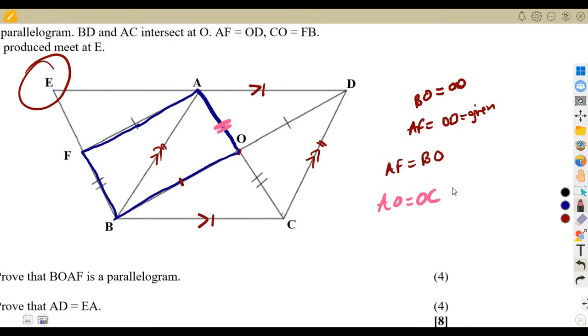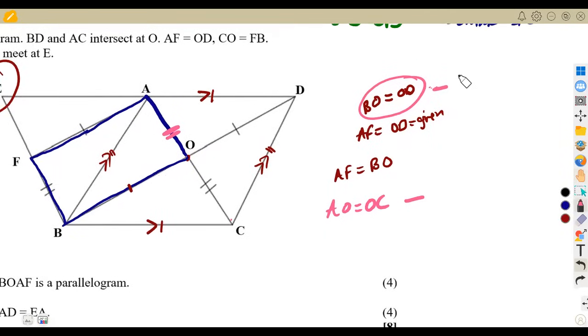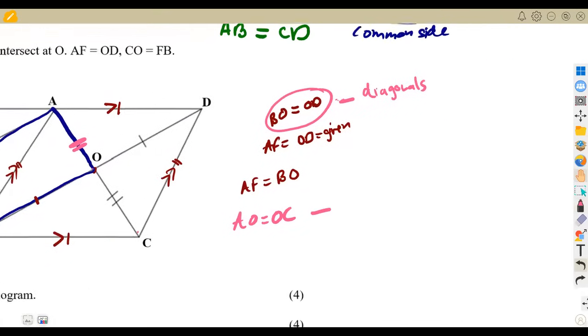Just like that part. So this is the part of the diagonals, all right? So here, it's all about the diagonals bisecting each other. Diagonals of a parallelogram bisect each other.